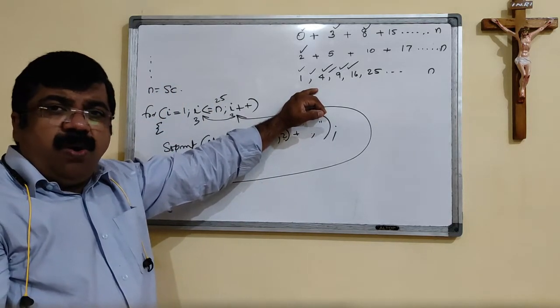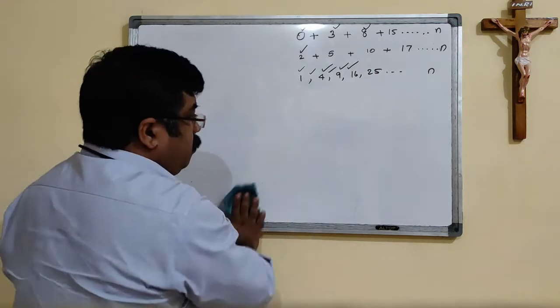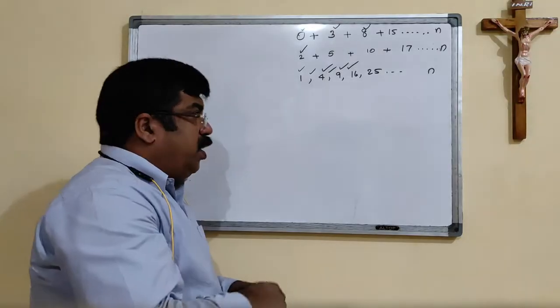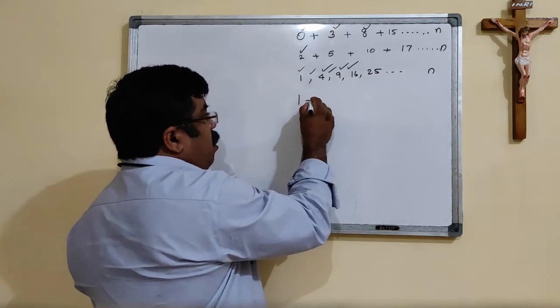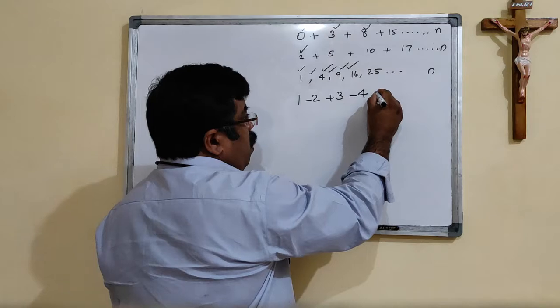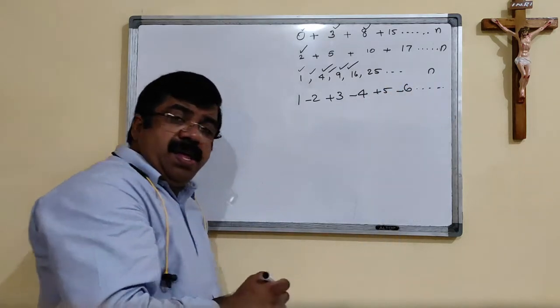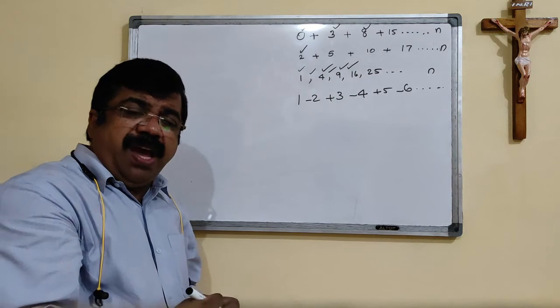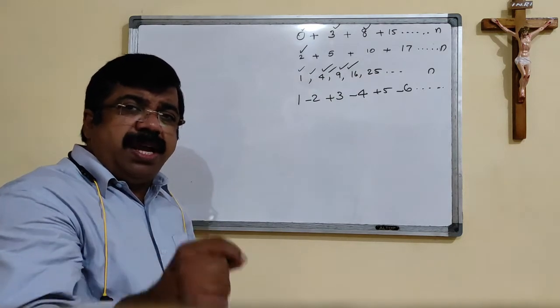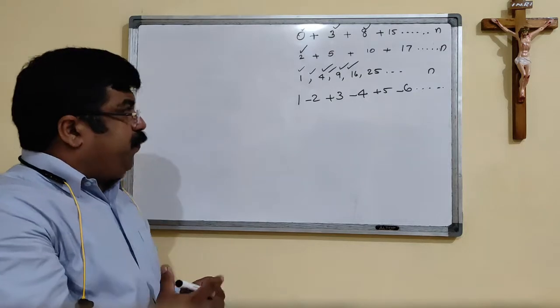Okay, now let us see another kind of series. Just assume one series: 1 minus 2 plus 3 minus 4 plus 5 minus 6 etc. Alternatively we have the plus and the minus. Then what we have to do?